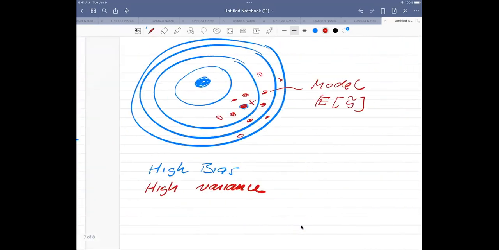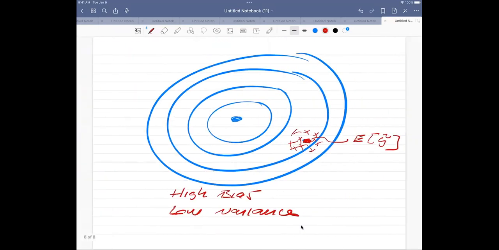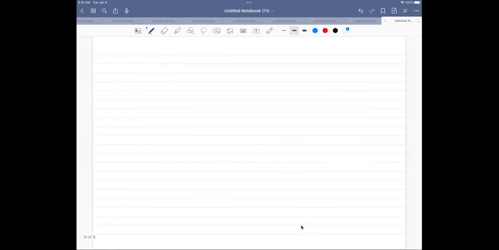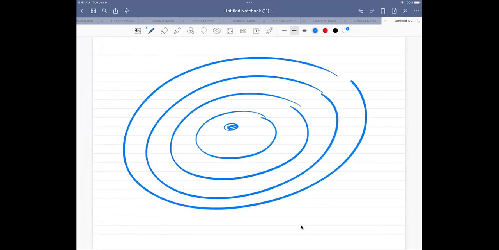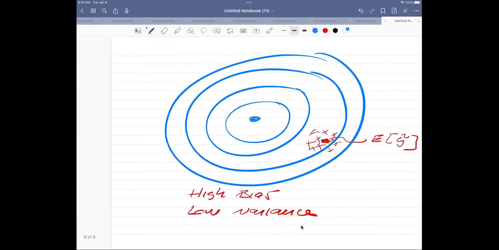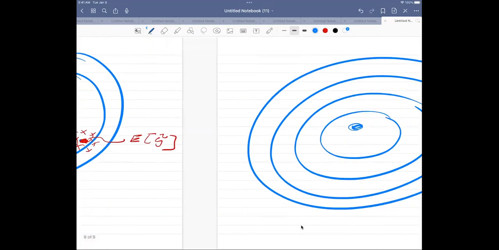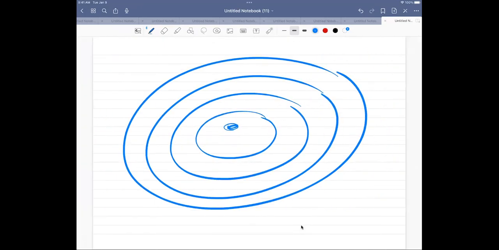So we have two more cases. So this will be high bias, high variance. Here we have low variance and high bias. But we could now have a case where we have something like this. Now suppose the mean value is here.